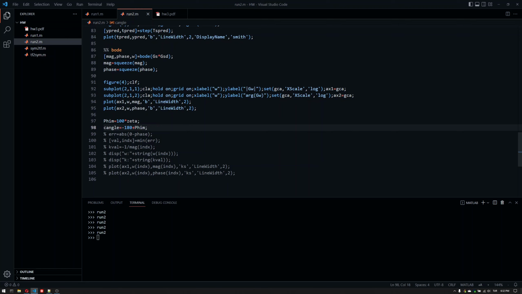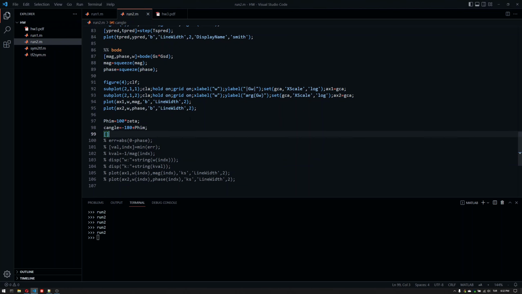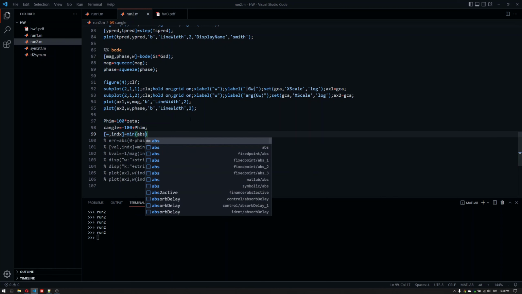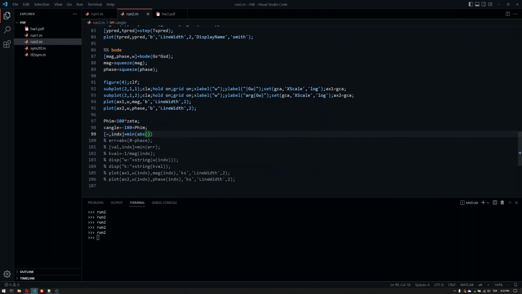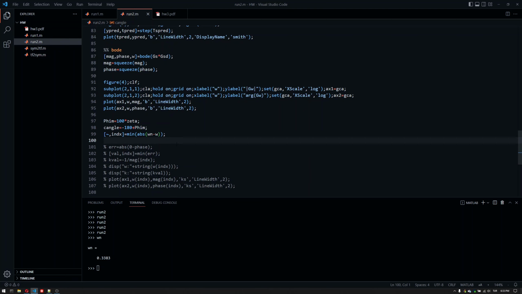We are looking for -100 plus phi m, and then we are looking for the omega n value here, which is basically the natural frequency that we have. So omega n minus omega. Do we have omega n? Yep, so this would be the index.